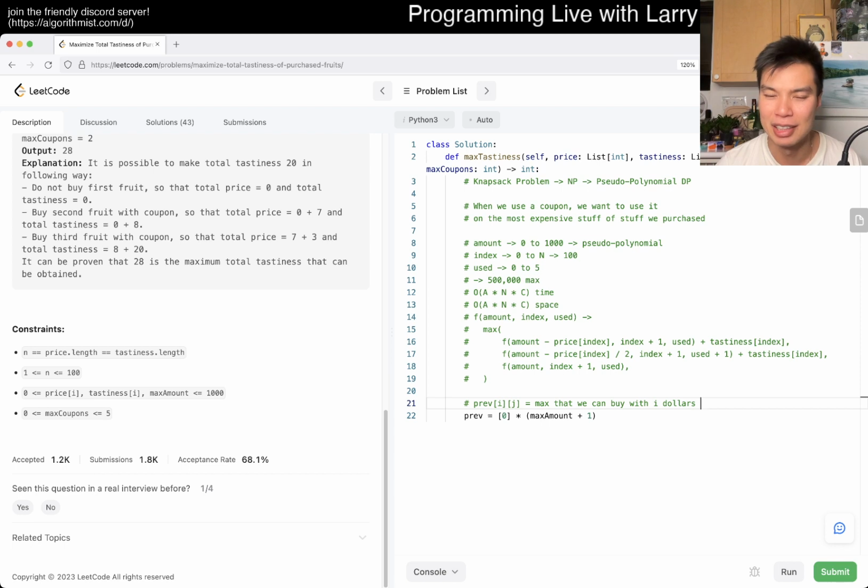Let's just say i dollars and j coupons left, or j coupons used. Maybe that's a little bit better. So okay, so I actually messed this up a little bit. So now the j is on the inside. So actually we want this to be max coupons, maybe. Yeah, plus 1. Right, something like that.